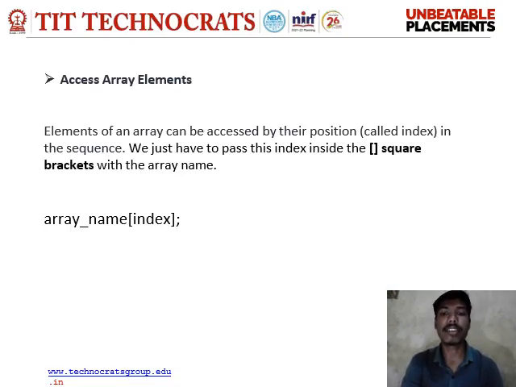Access array elements. How to access elements of an array? Elements of an array can be accessed by their positions, called the index, because the array is a single variable name, arr. So how do we access the elements?